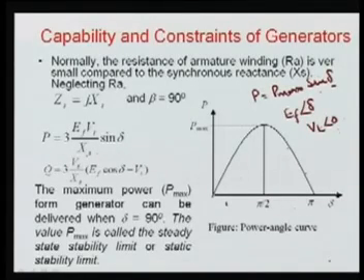If it is not a reference value, this delta is the angle difference between these two voltages. Let's suppose this is delta 2 and this is delta 1, so this delta will be nothing but delta 2 minus delta 1.